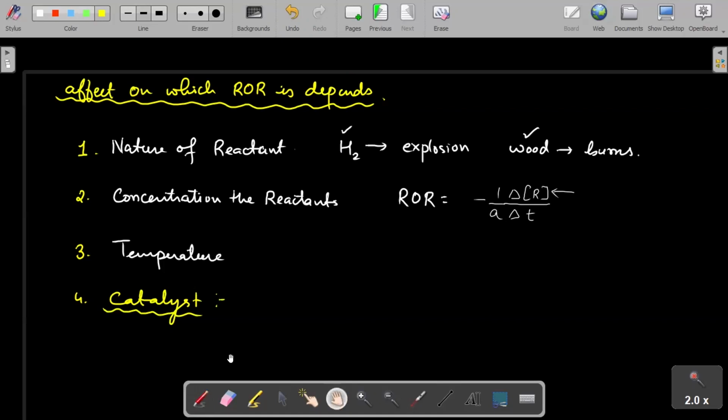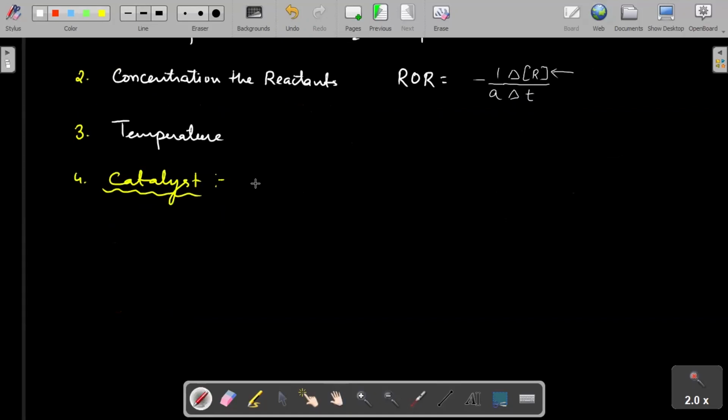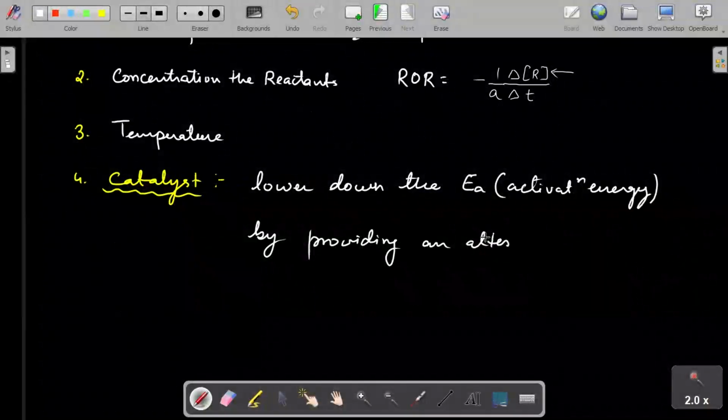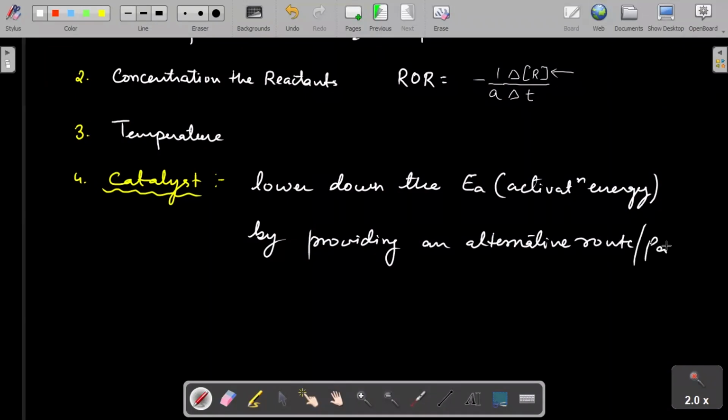Catalyst is a chemical which lowers down the activation energy, Ea, by providing an alternative route or path to proceed with the chemical reaction.